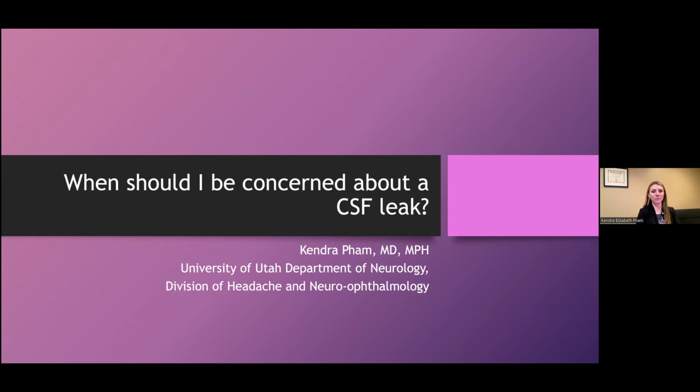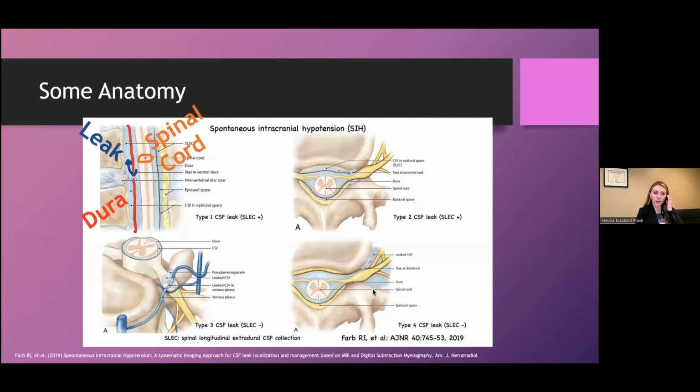So here we go. To start, here's some anatomy. The spinal cord, which is this part in this graphic here, that tan part that I have circled in orange, is covered by a few different layers.